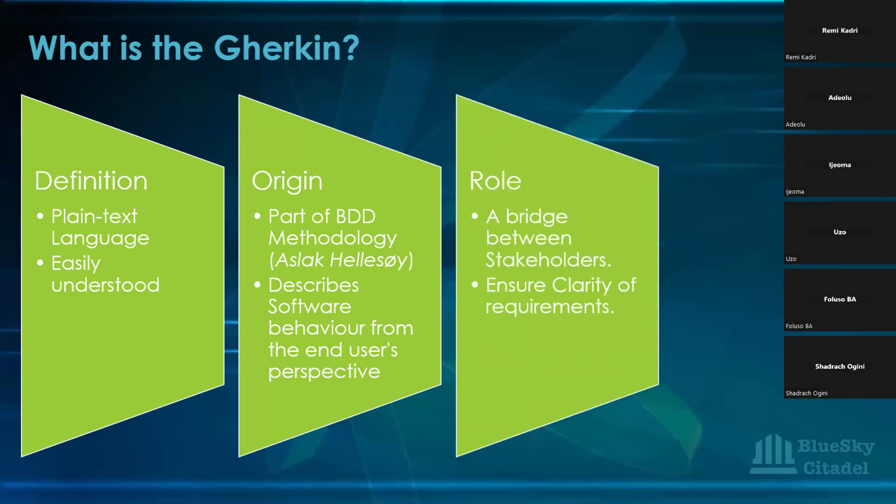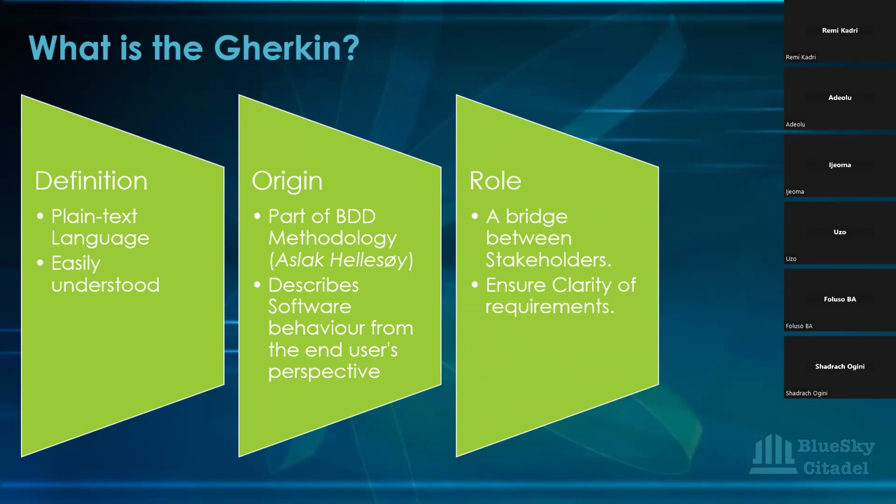So what is the role of Gherkin? Gherkin is a collaborative tool that encourages communication between the different stakeholders: the developers, the testers, the non-technical people, the product owners, and the business analysts as well.